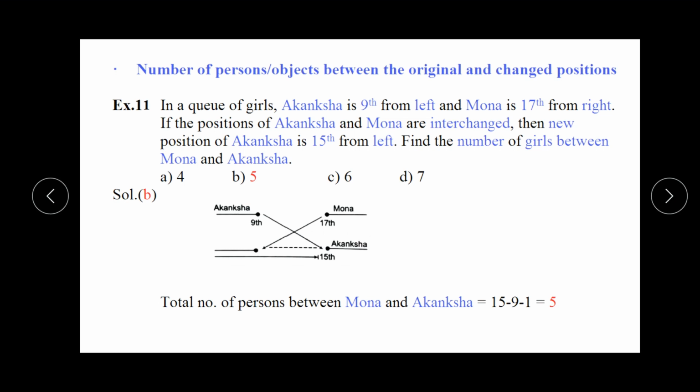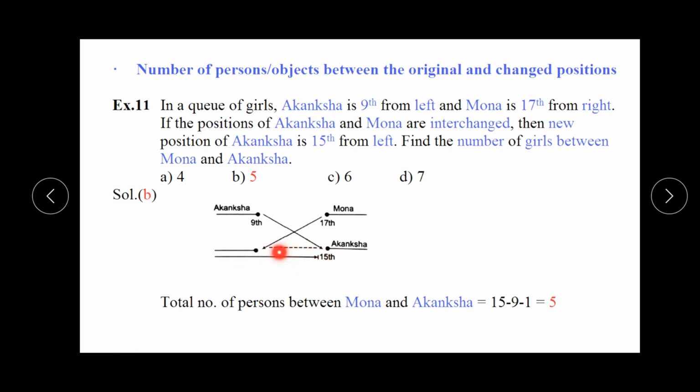From here we can clearly see that Akanksha was at the 9th place and now Akanksha is at the 15th place. If we find the gap of both positions of Akanksha, 15 minus 9 is equal to 6. But this is the gap.